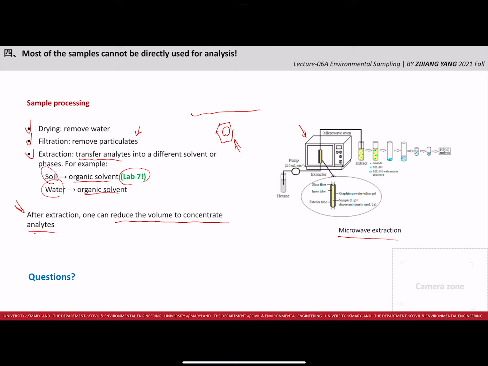So we can take lots of water sample and concentrate it into a very small volume of sample, maybe by hexane. So we can have a relatively high concentration of benzene from this large volume of water, and this concentration can be analyzed by the instrument. So far, do you guys have any questions?